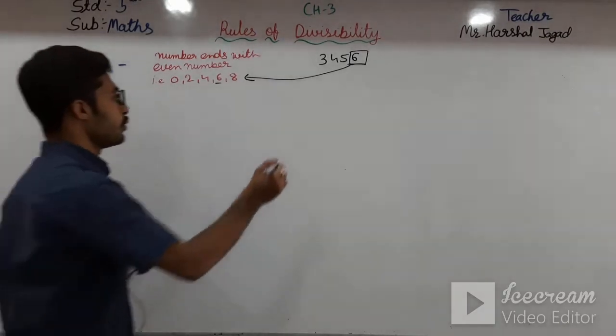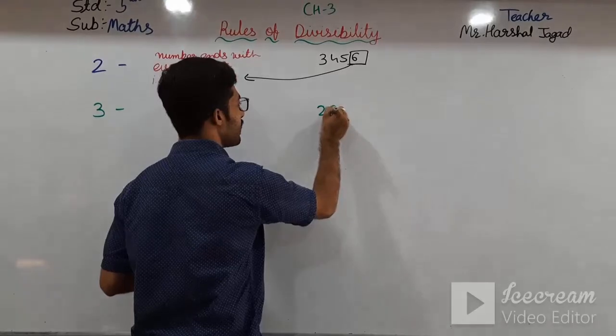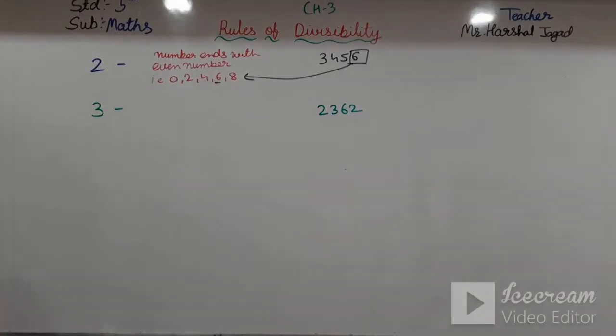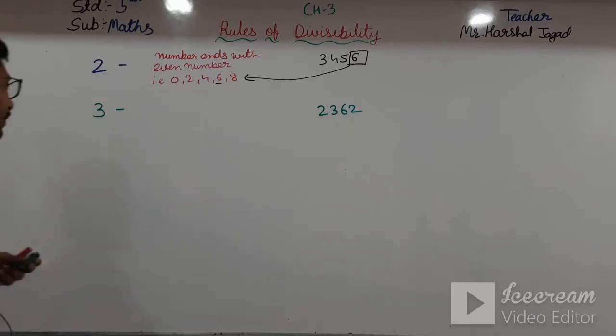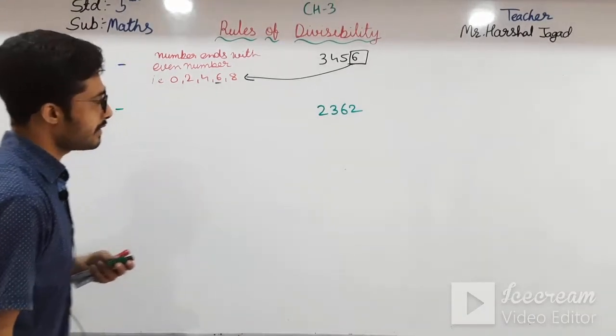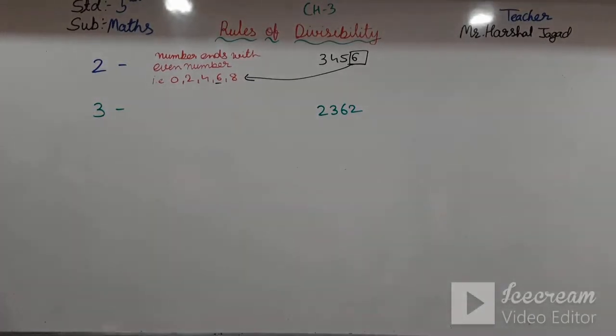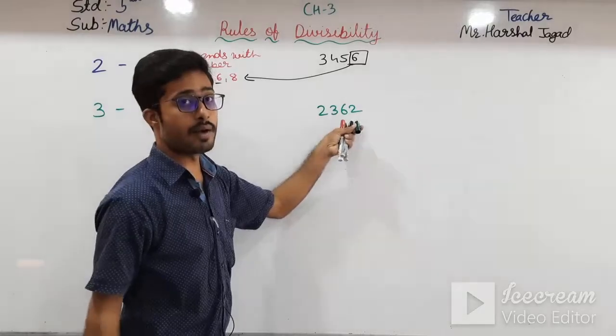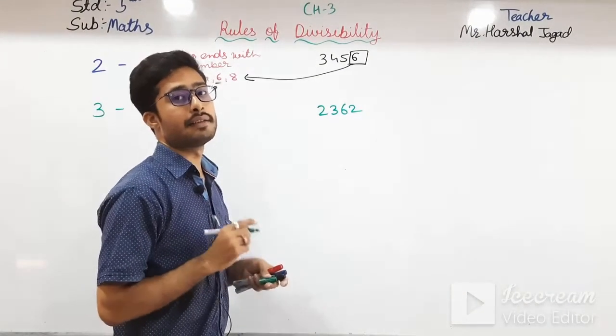Here it is given 2362. Is it divisible by 2 or not? It is divisible by 2, but it is not divisible by 3. Why?